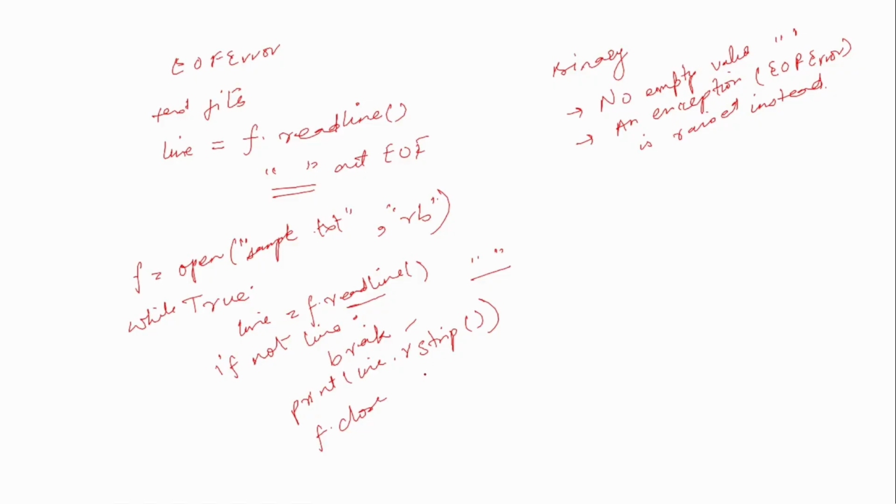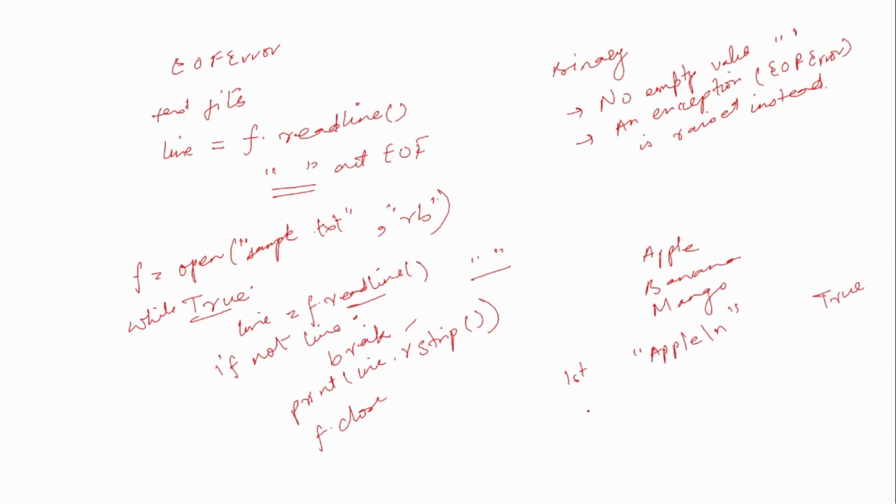So if our sample.txt had this data: apple, banana, mango, what will happen is, because we are inside this while True loop, it will keep reading using f.readline(). It will read the first line, the value of line is apple with a newline, and since we are using rstrip, while printing it will only print apple, and this Boolean value is right now true.